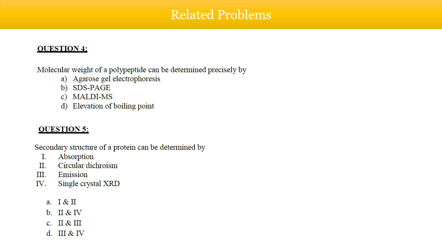Molecular weight of a polypeptide can be determined by agarose gel, SDS-PAGE, MALDI, which is a mass spectrometry, or the elevation of boiling point. So the molecular weight of the polypeptide can be determined precisely by.